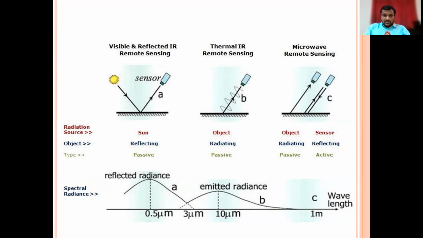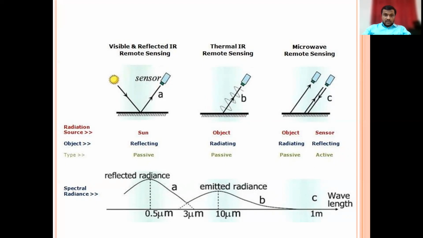Within passive remote sensing, we have visible and reflected infrared remote sensing, and second, thermal infrared remote sensing. And you see the level of reflected radiation in three different phenomena. In visible and reflected infrared, we have high reflectance. Then in thermal infrared remote sensing, we have a smaller amount of energy, which we call emitted radiation.